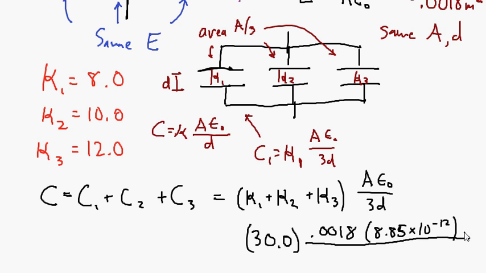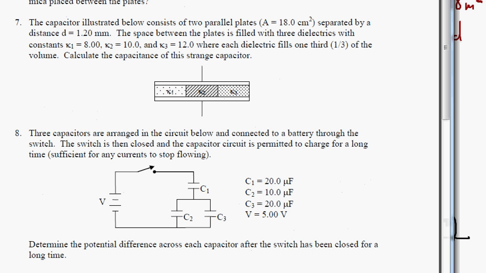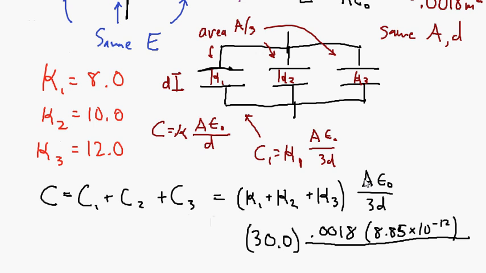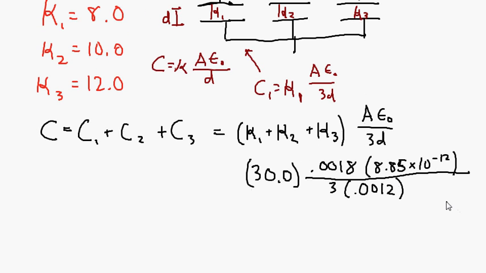And then 3 and D is 1.20 millimeters. So we have our 3 down there, and D is 0.0012 meters. Okay, and so now that is everything we need.